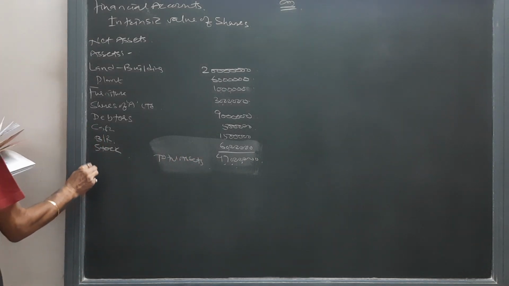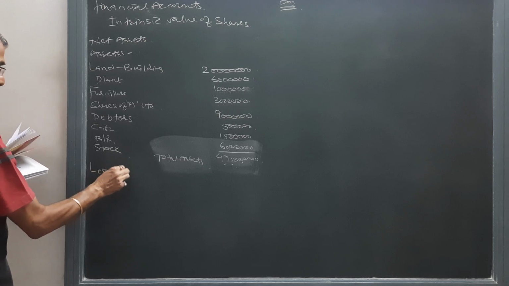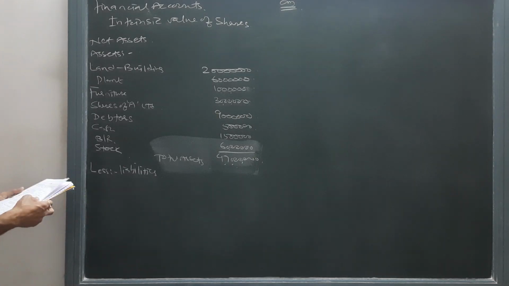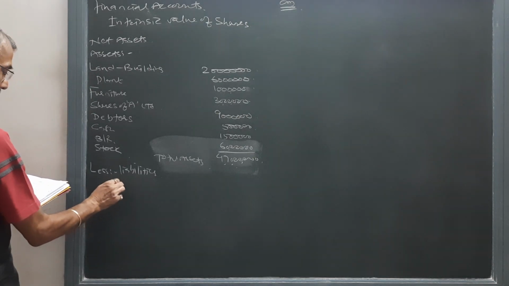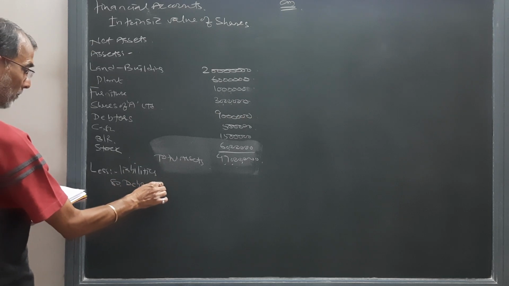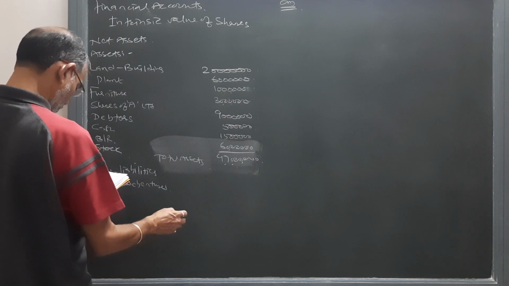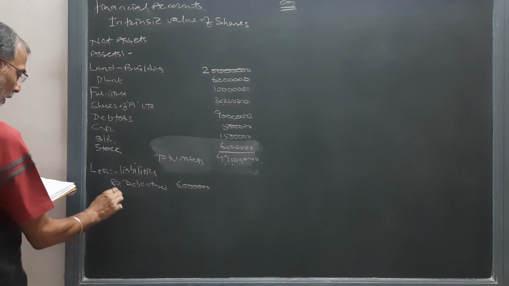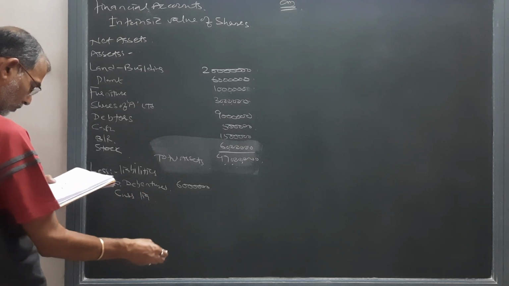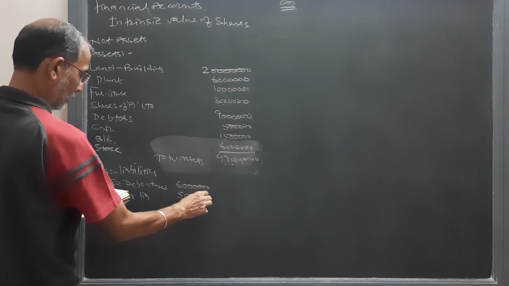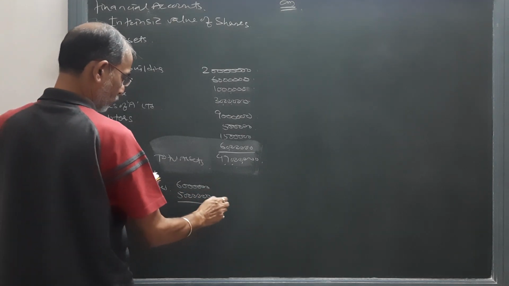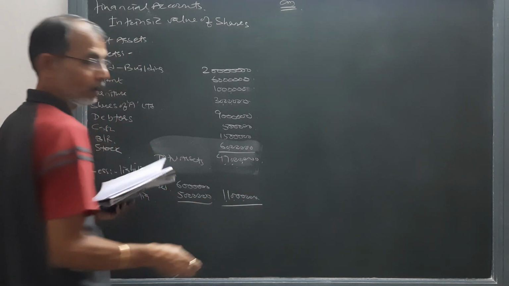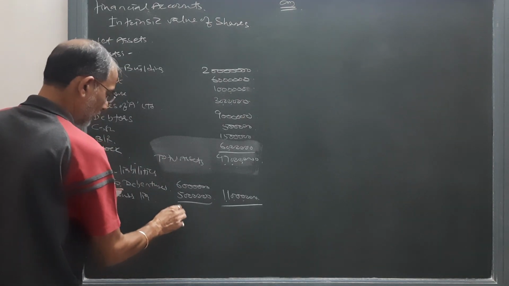Now from this we have to subtract liabilities, which include 8% debentures and those are of 60 lakh, and current liabilities 50 lakh. That means total of 1 crore 10 lakh. This will be net assets.